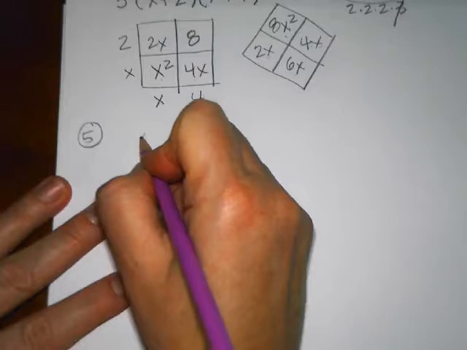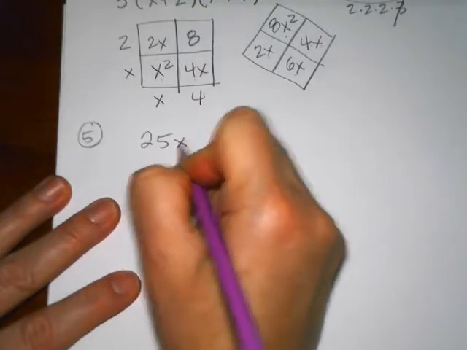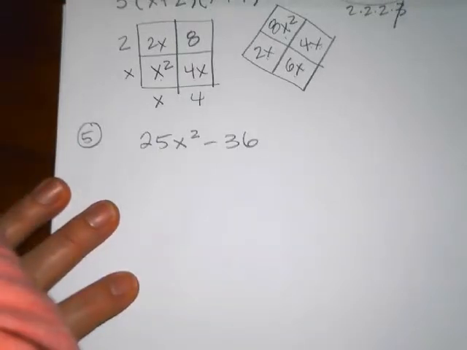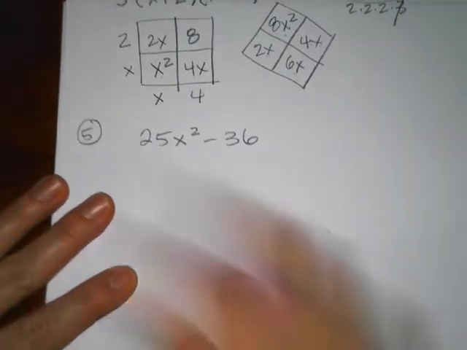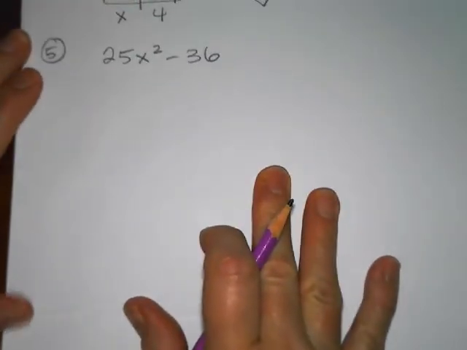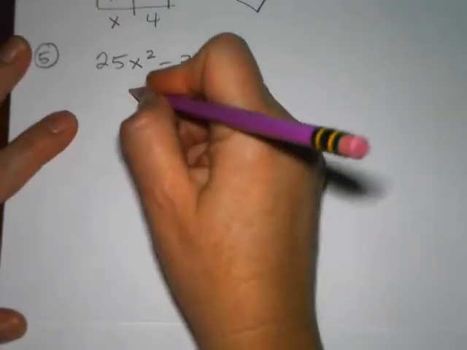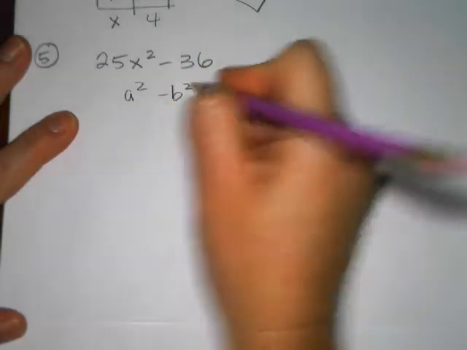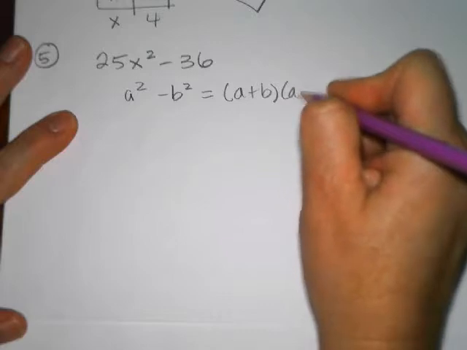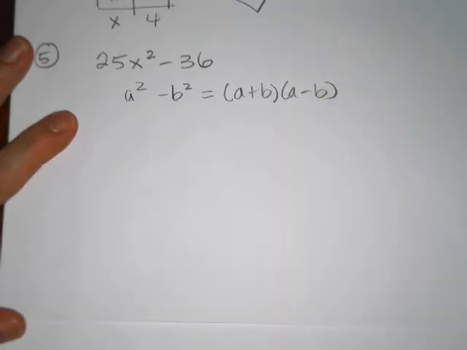Okay. For number 5, we have a difference of 2 squares. So the plan is we're going to go over this super quick on a Friday. And a difference of 2 squares, a squared minus b squared, always factors into a plus b times a minus b. You can do area diamond, but you don't have to.